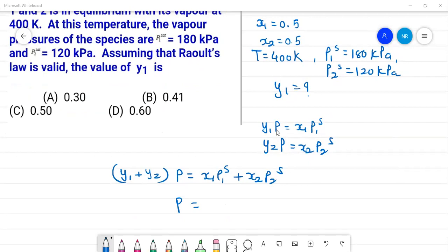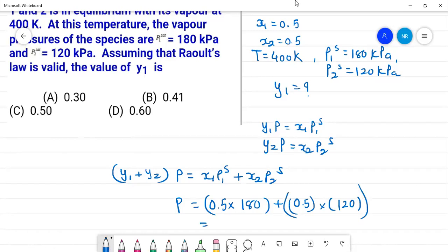X1 value will be 0.5, multiplied by P1 saturation is equal to 180 kilopascal, plus X2 is equal to 0.5, multiplied by P2 saturation is equal to 120 kilopascal.